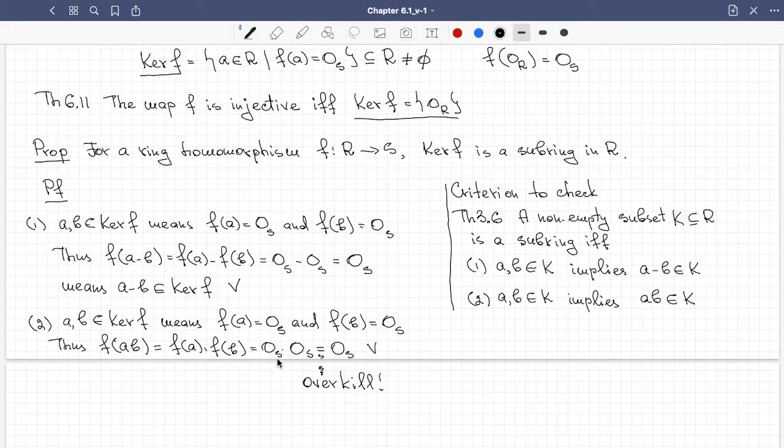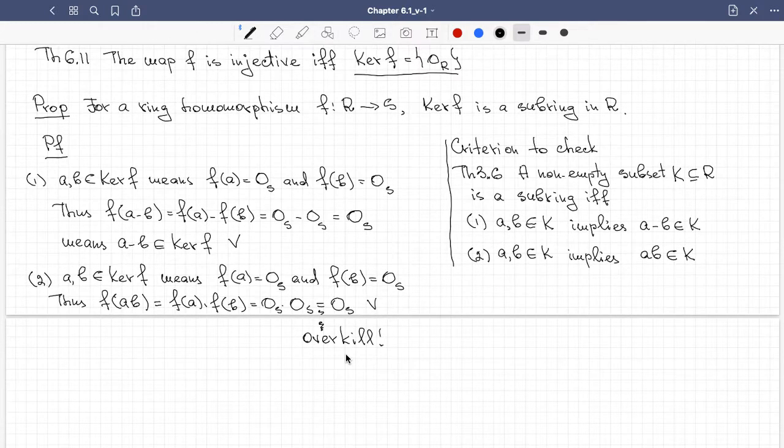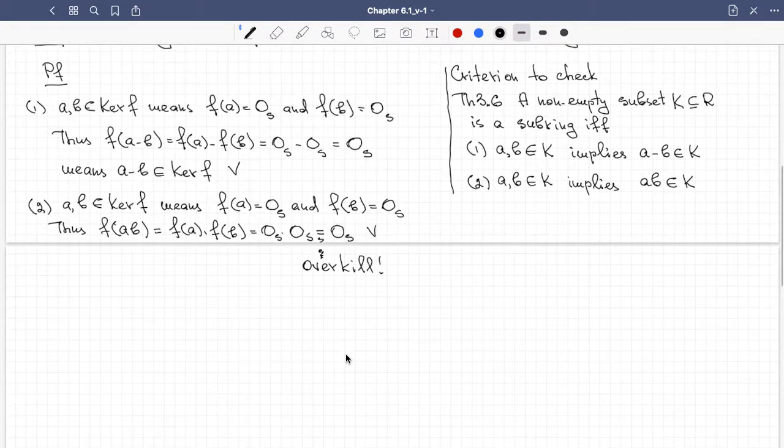In fact, if one of them was not 0, we would still have 0 here. So we proved that this is a subring, but we can tell more about the kernel. So we can strengthen this.